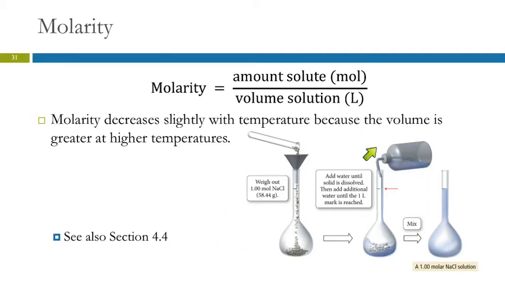This is an illustration of how to make a solution. You measure out the amount of solute needed. Here, the illustration is making a 1 molar sodium chloride solution, so that would be 1 mole of sodium chloride in 1 liter total volume. Of course, the balance doesn't weigh in moles, so you have to calculate the mass. You weigh that out, add some water, and get the sodium chloride to dissolve.